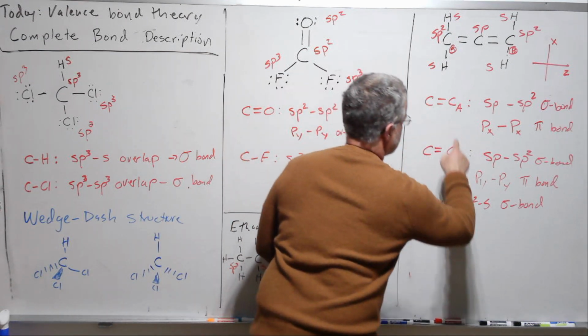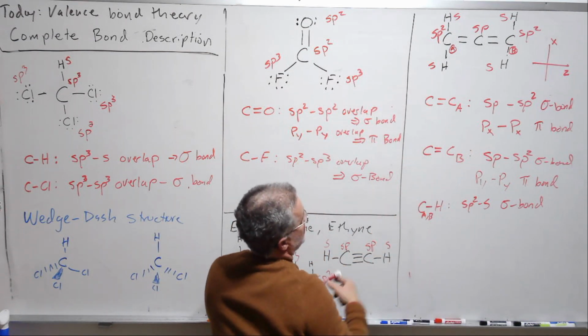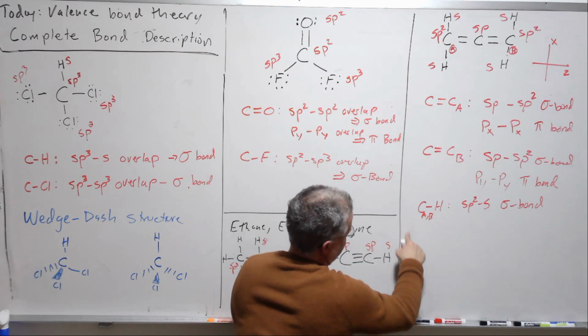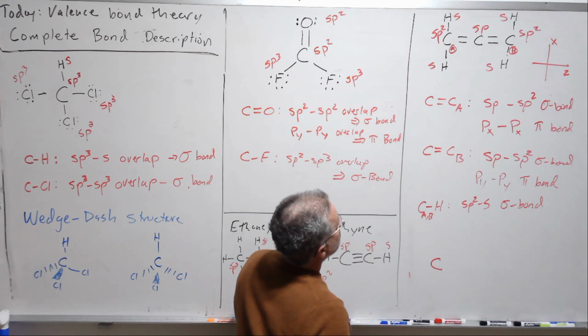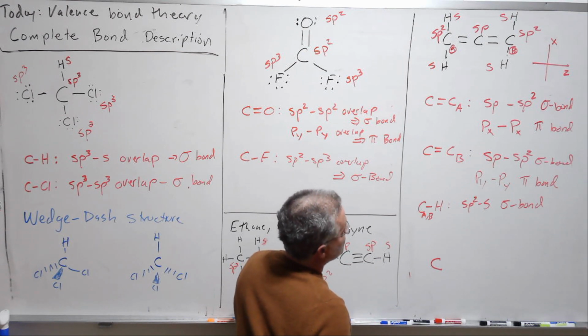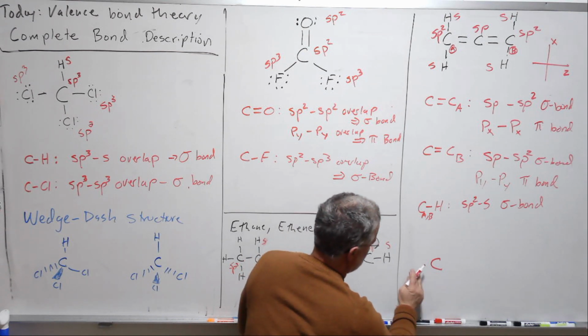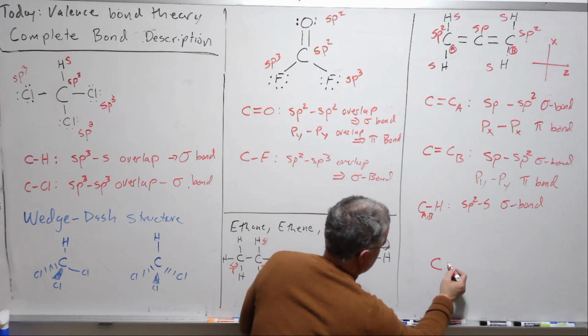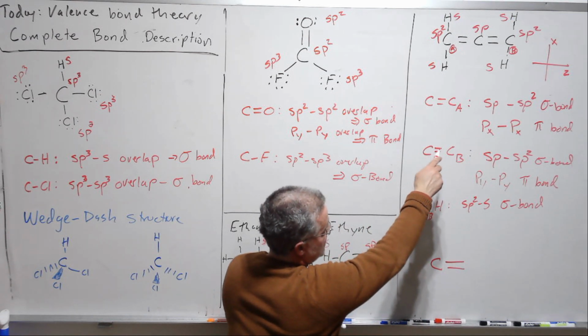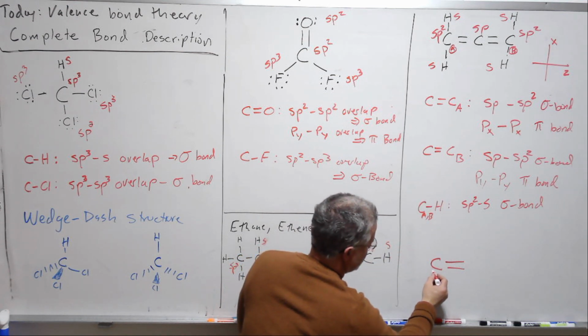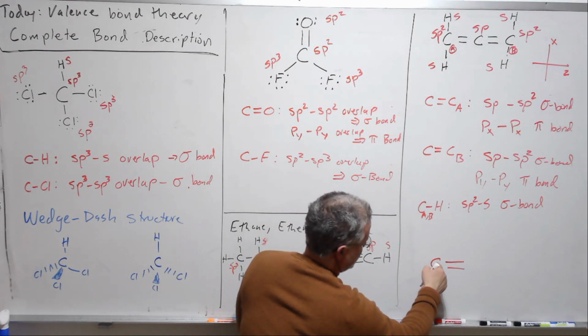So we've decided up here, that's a px, and we've decided our x is up here. So that means our sp2 orbital here is the z and the y.